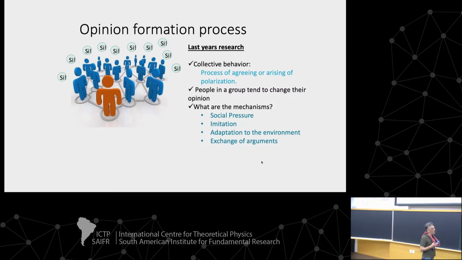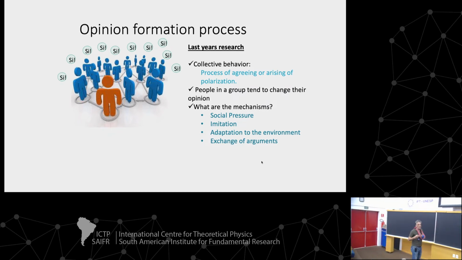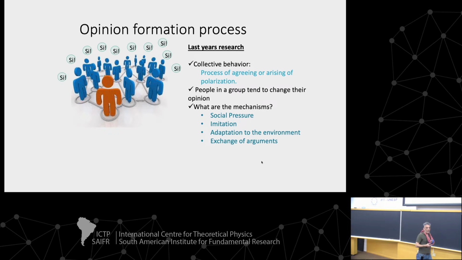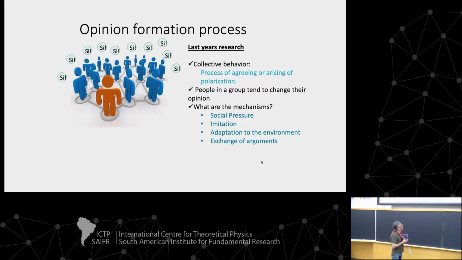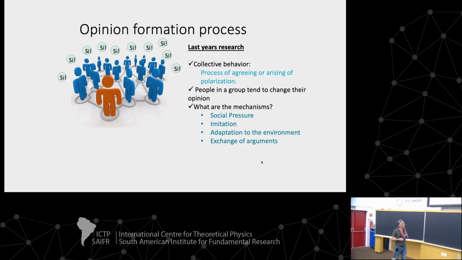People in groups tend to change their minds. When they interact, people tend to change their opinions. The problem of opinion dynamics, opinion formation, has been approached by psychologists in the 50s doing experiments, and they started to uncover the main mechanisms of social influence and social interaction.